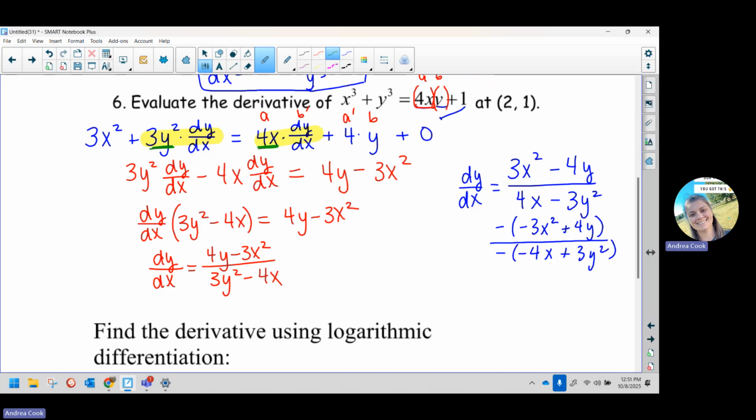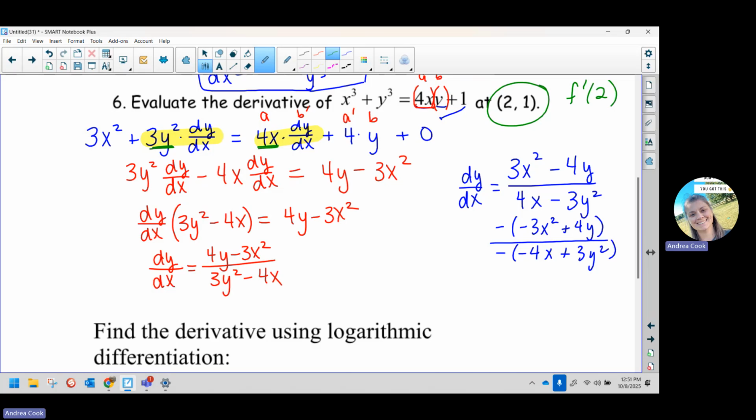All right, now we haven't found the answer to the question yet. We're finding the derivative at (2, 1). Because my derivative has x and y in it, we need the full ordered pair. We can no longer write that I'm finding f prime of 2, because I'm using 2 and 1.